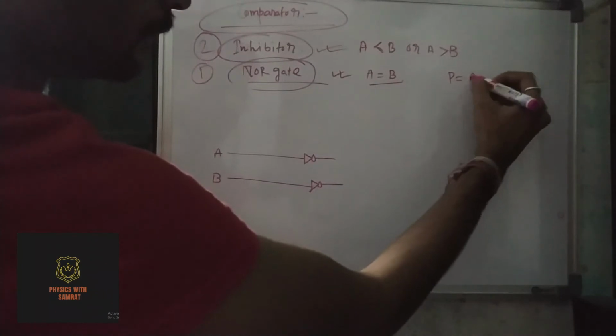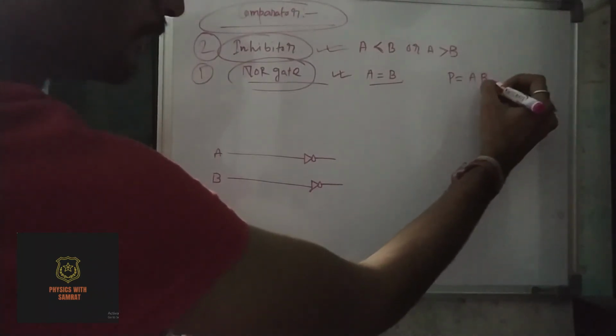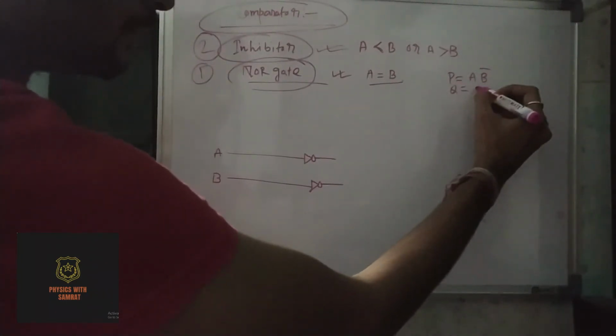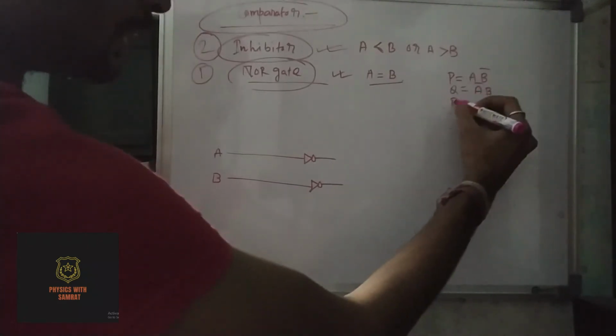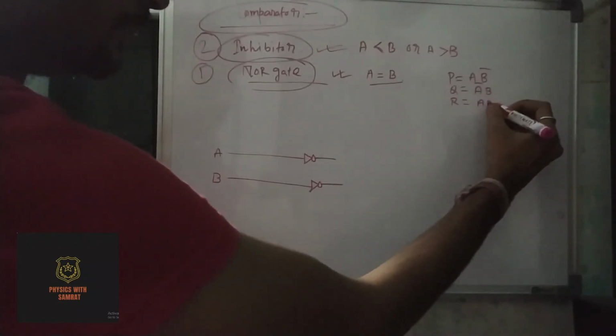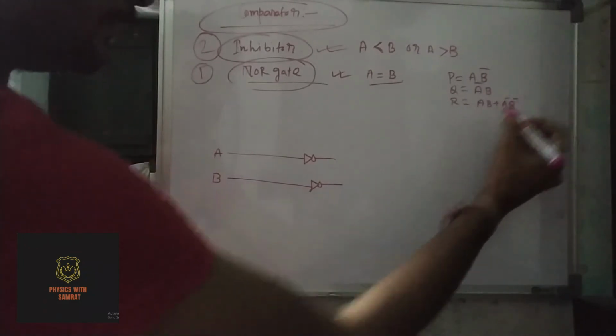So P is equal to A B bar, Q is equal to A bar B, R is equal to AB plus A bar B bar.